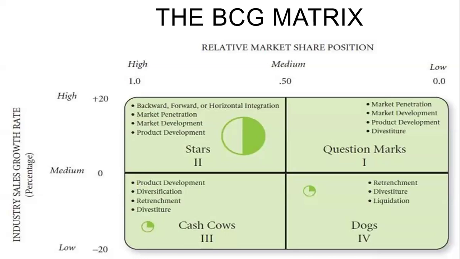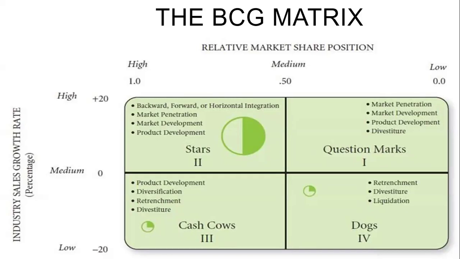And the strategy here is to analyze and decide when best to either penetrate into different markets or to develop new products or to become more attractive to new markets or perhaps diversify. So those are the options.